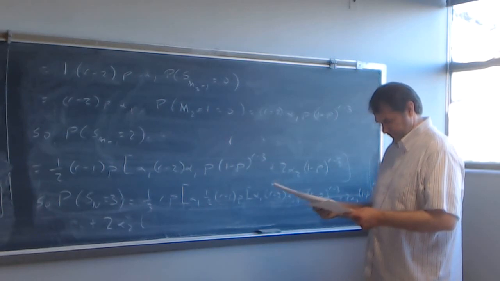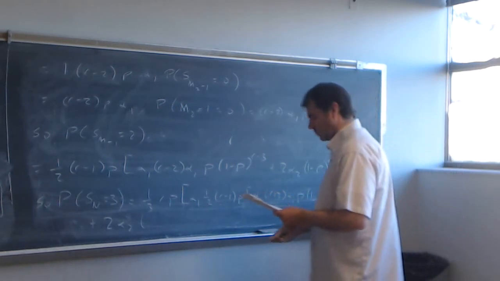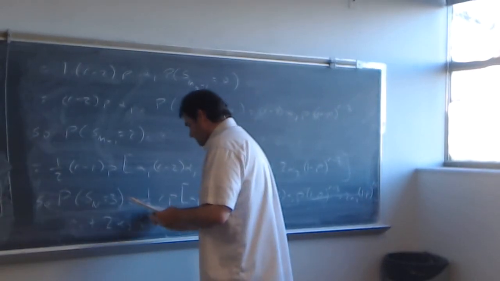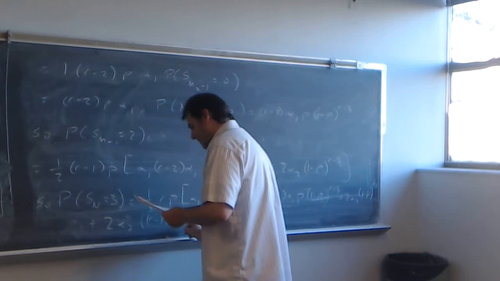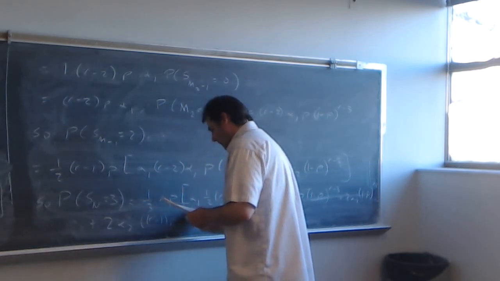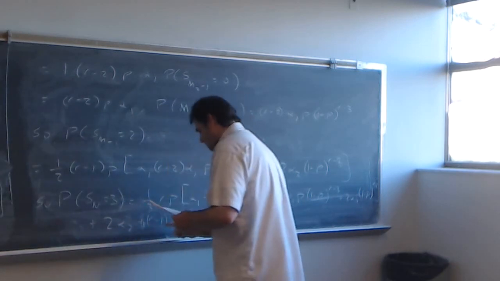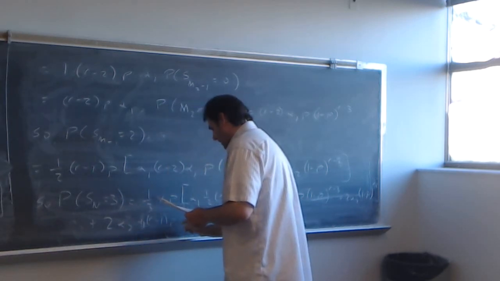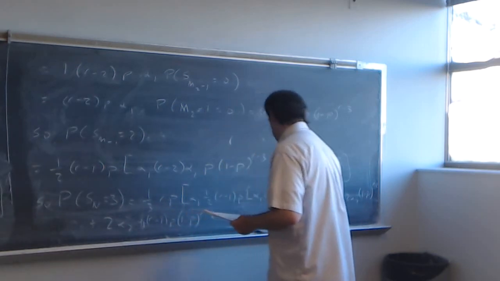Let me find it. Okay, so that was r minus 1 times p, it has an alpha sub 1: alpha sub 1 times r minus 1 times p times 1 minus p to the r minus 2.